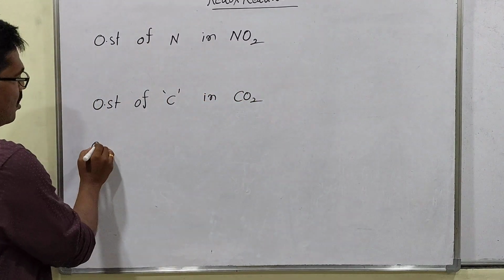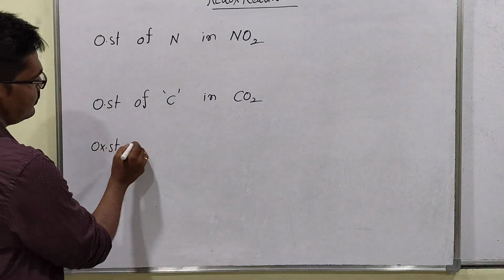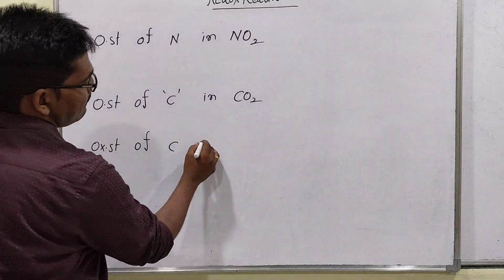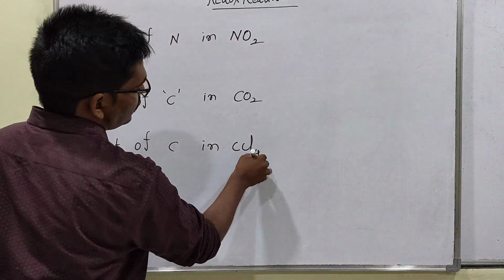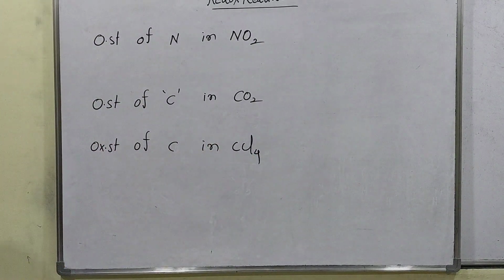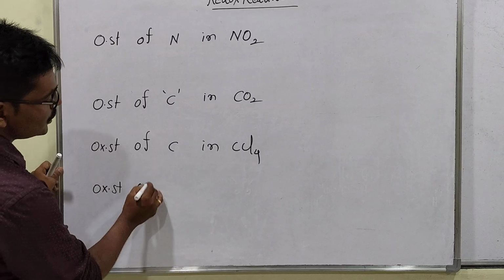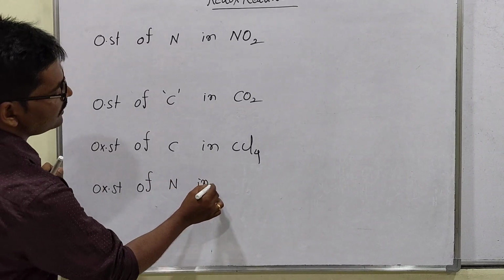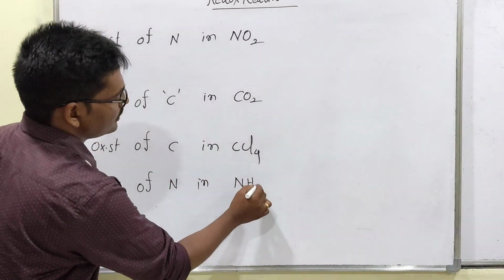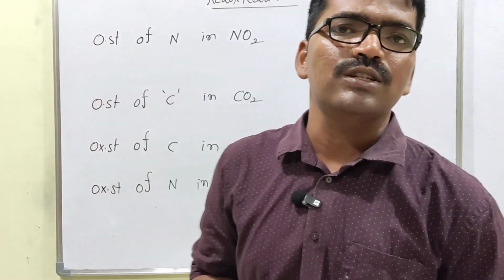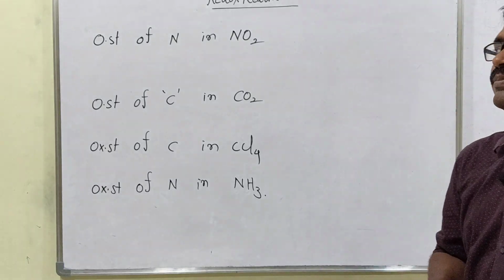Then oxidation state of carbon in CCl4 molecule. Then oxidation state of nitrogen in NH3 molecule. If you take the structure, the original structures, then you can identify easily.